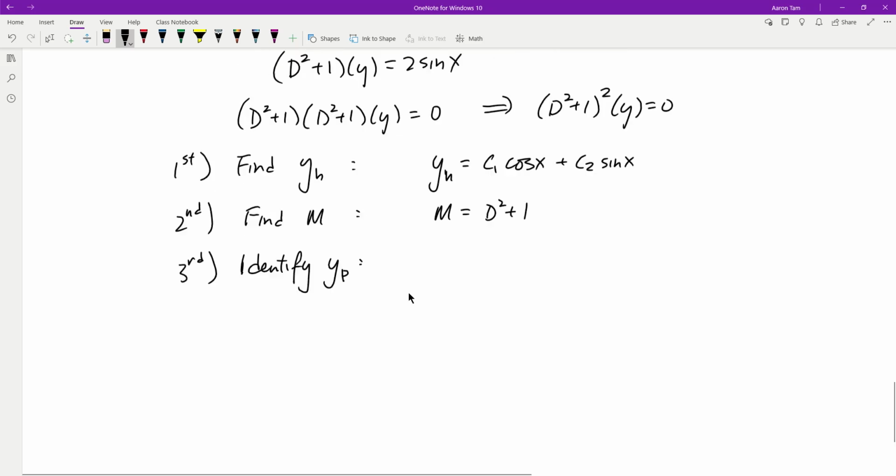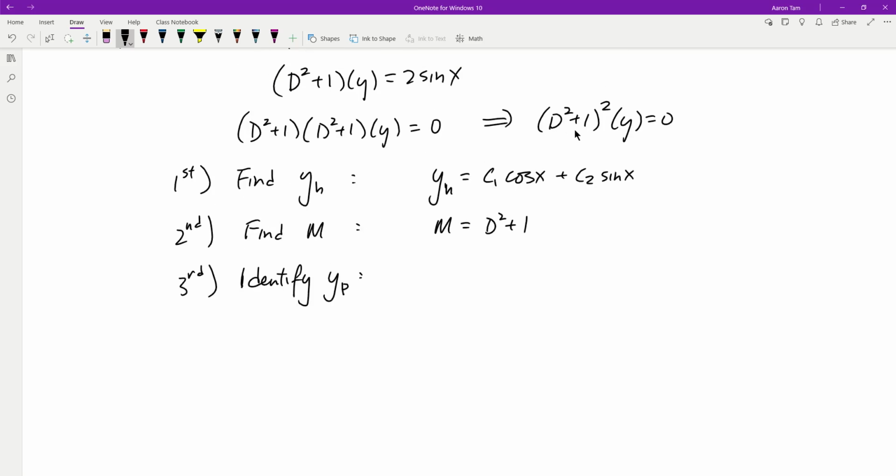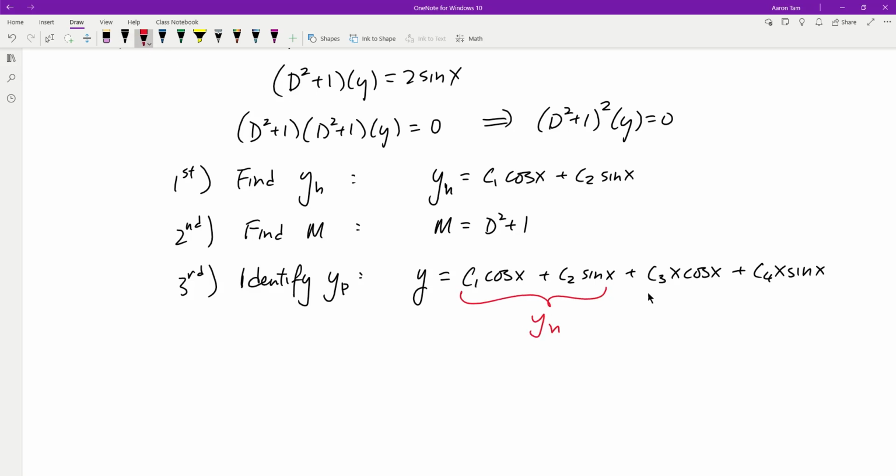So in this equation, because (d squared plus 1) squared of y equals 0, I can say that y sub p, or y, should equal c1 cosine x plus c2 sine x plus c3 x cosine x plus c4 x sine x. So in this case, this is my homogeneous solution.